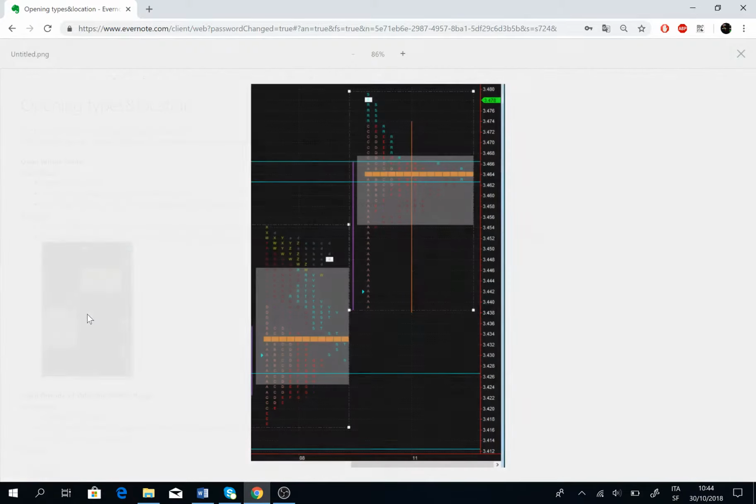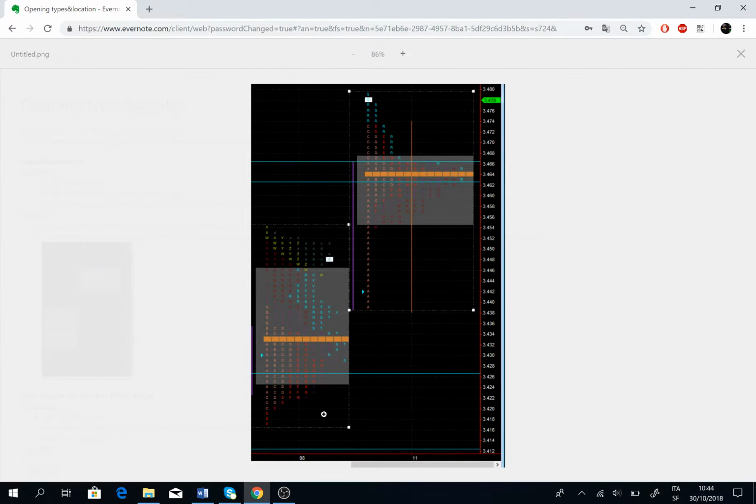We have here one great example of what I'm talking about. As you can see, the market opens. You can see here the sign of the open in blue within the previous day's range and value area, and then a complete rejection of the prices.